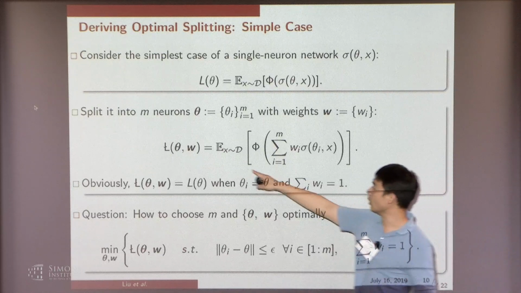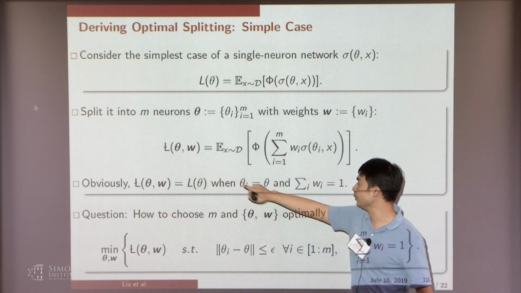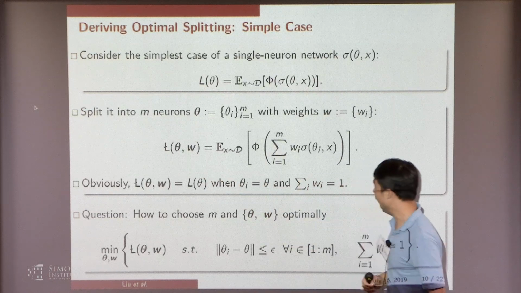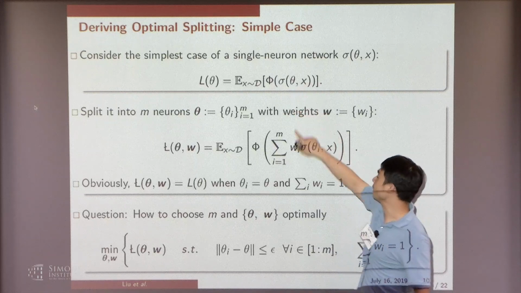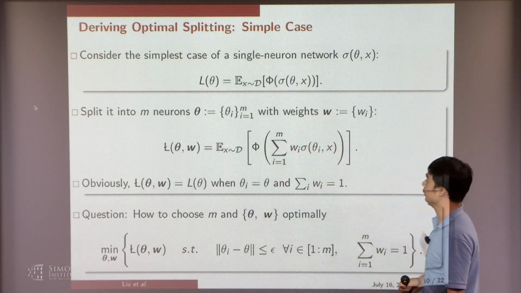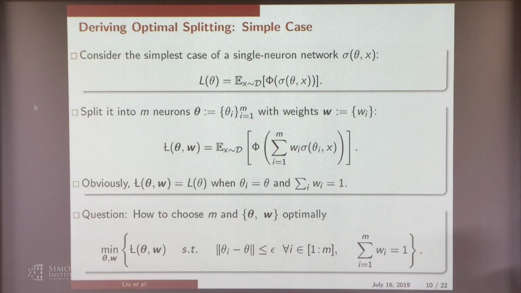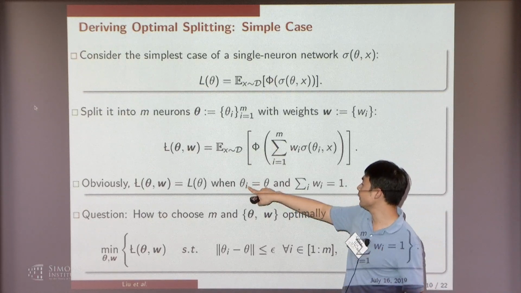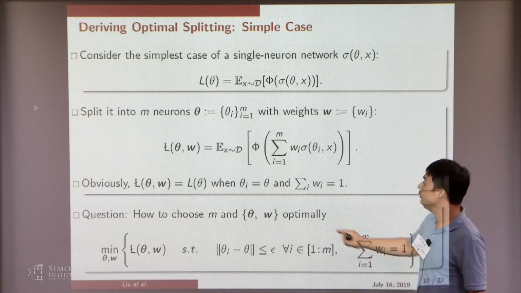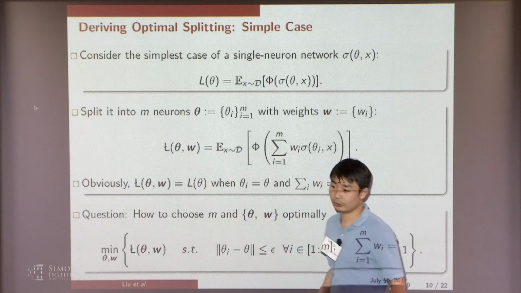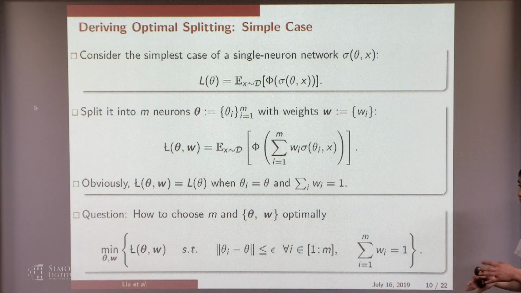In this case, we get an augmented loss, a function of both theta and w, obtained by replacing sigma(theta x) with the weighted sum of the copies. Obviously, if you take theta_i equal to theta and the sum of w_i equal to 1, then the augmented loss equals the original loss, meaning that even if you split, you keep the same network, right?